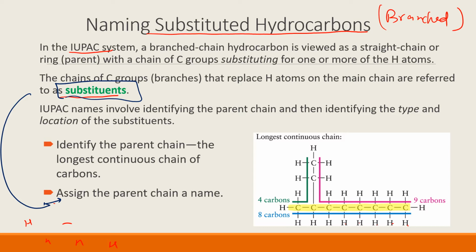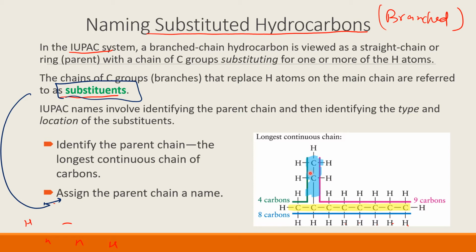If this is the arrangement and the chain shown in yellow is our parent chain, then we will be incorrect, because the yellow chain contains 1, 2, 3, 4, 5, 6, 7, and 8 carbons.